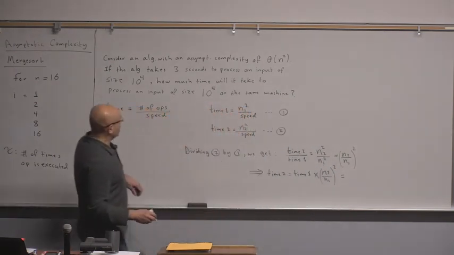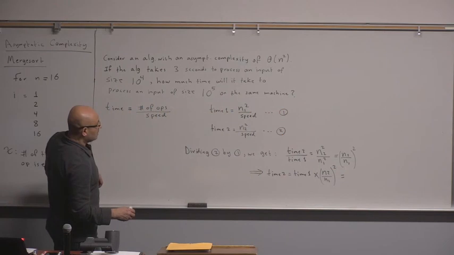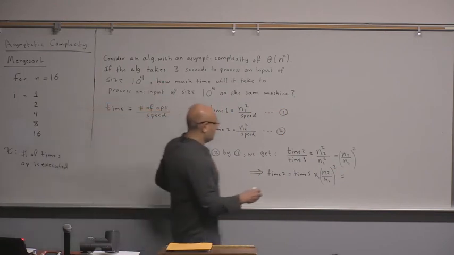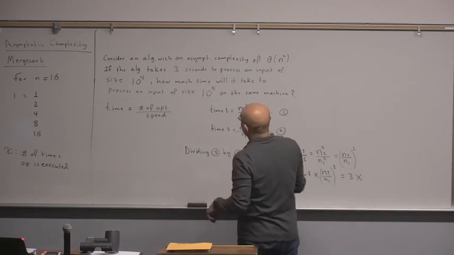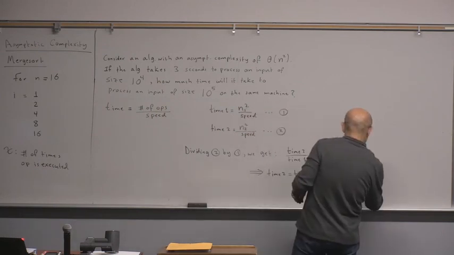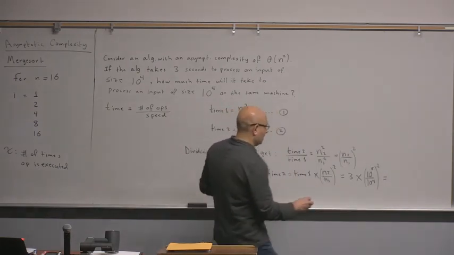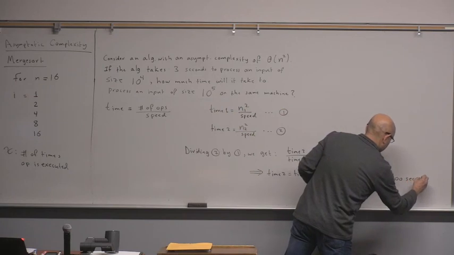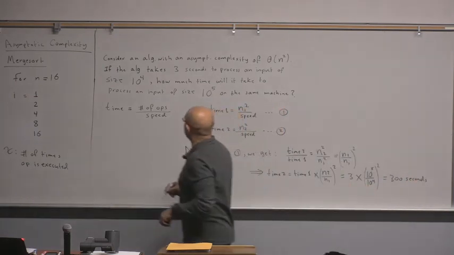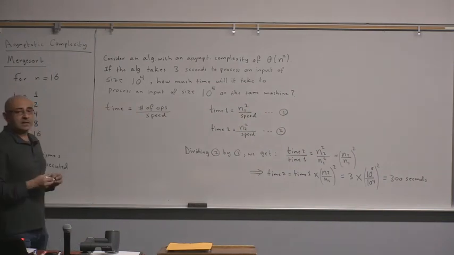So in this case, time 1 is 3 times n2 divided by n1, which is 10 power 5 divided by 10 power 4, squared. So this is going to be 300 seconds.